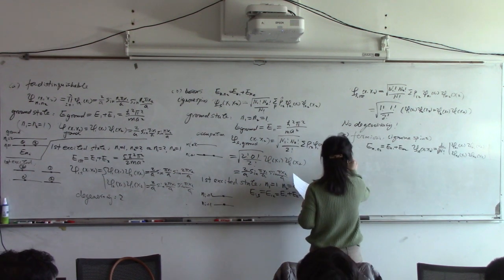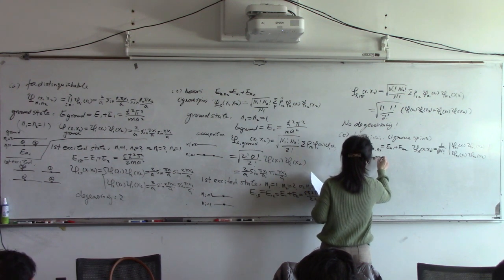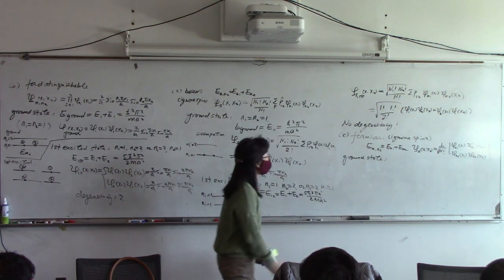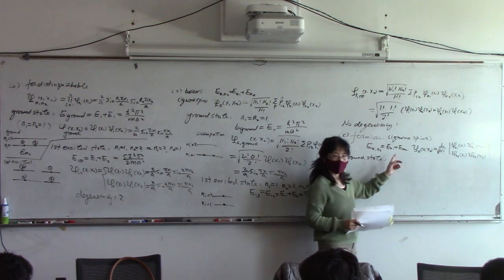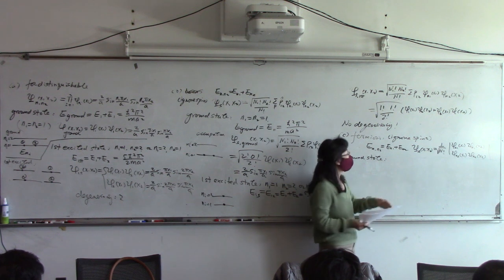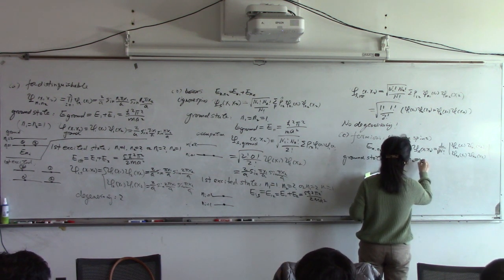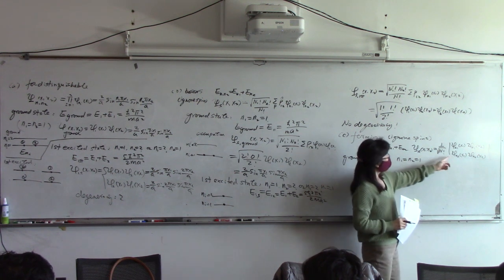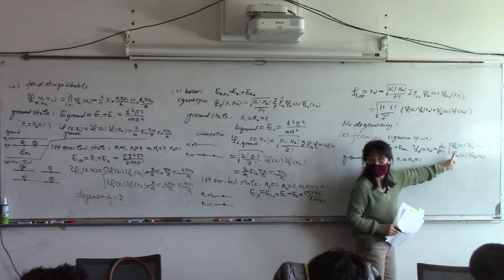Now we consider the ground state. Again, for the ground state we take the lowest possible n1 and n2. How about this case? Let's consider if n1 equal to n2 equal to 1. Here, n1, n2 the same. That's 0, right? This determinant.